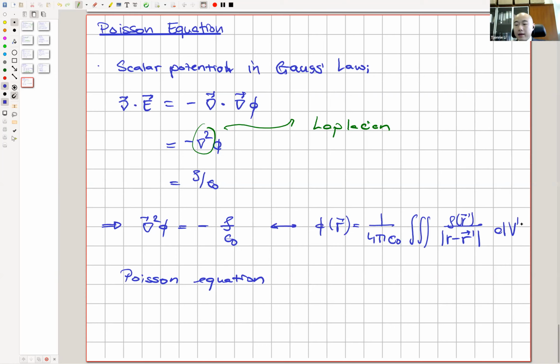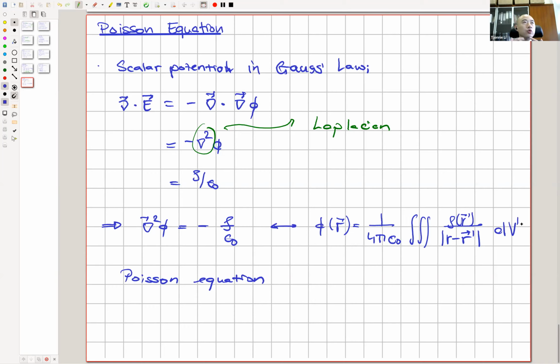Okay. For the time being, the solution here is something that I just hope you will simply accept. But if time permits, I actually want to explicitly show why you can write the solution in this particular form.